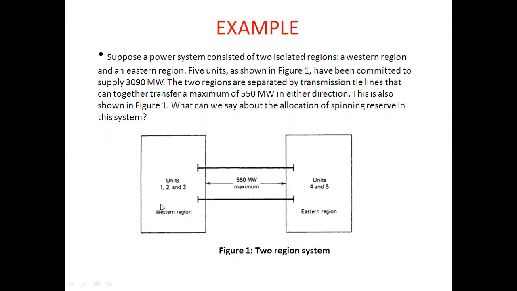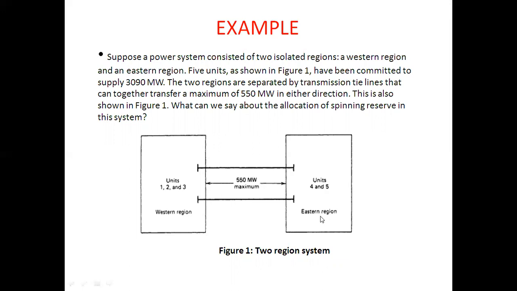Now another concept will come: is the maximum power of the tie line sufficient to take this 160 from the eastern region? The answer is yes, because the capacity of the tie lines connecting those two regions is 550 megawatt, far more than 160 megawatt.